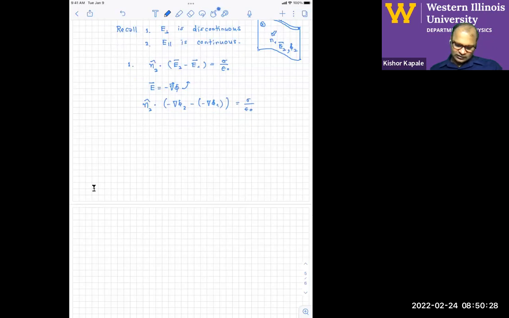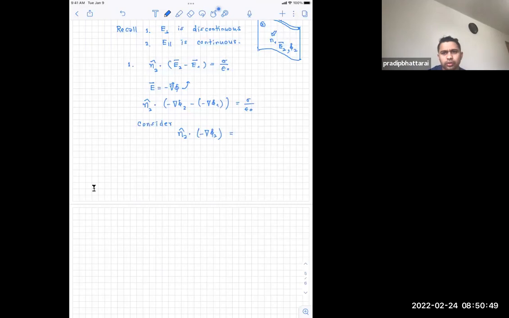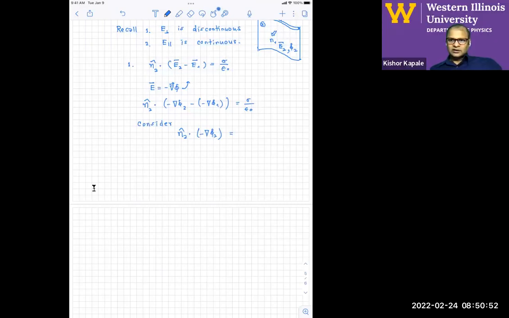So consider n2 dotted with negative gradient of phi 2. What is that? Can anybody tell me? So you have the gradient of phi 2, with a certain direction for the gradient. This is a vector and you're trying to look at its projection along the n2 direction. What does that give you?